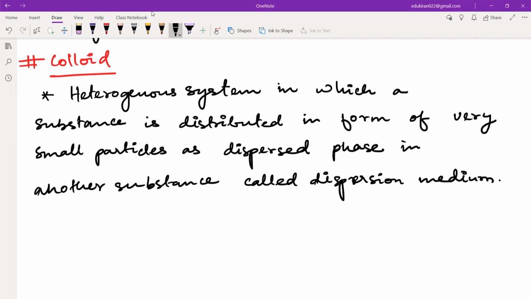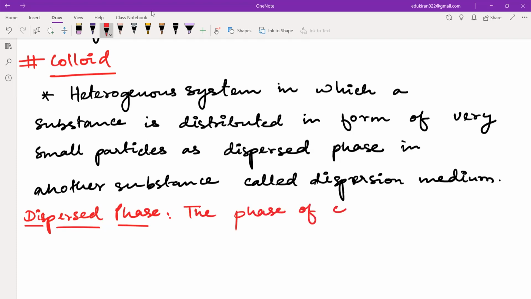Let's talk about dispersed phase first. Dispersed phase is the small particle, the phase of colloid particles.